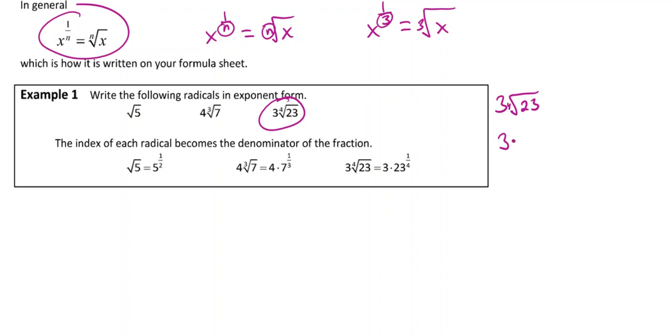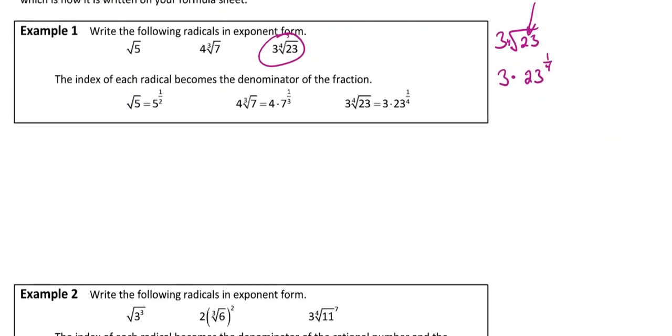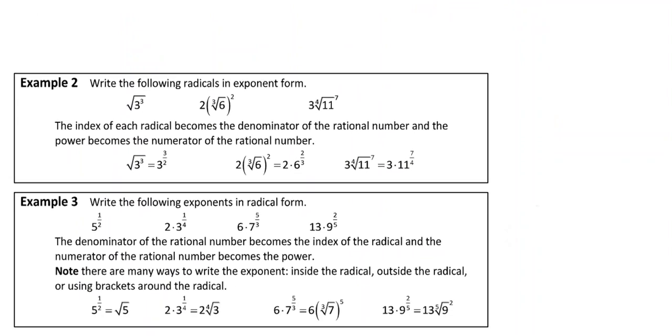And then how do I write this 23 part? Yeah, 3 times 23 to the power of 1 over 4. You guys are getting it? Okay.